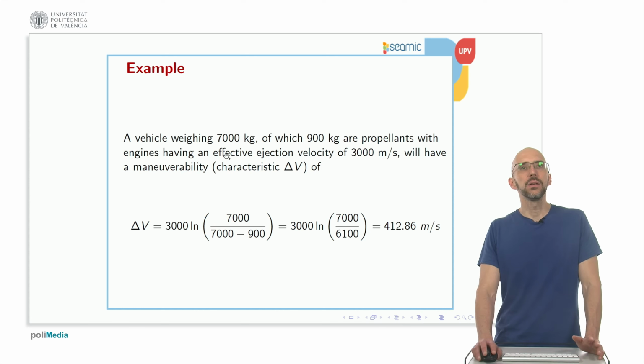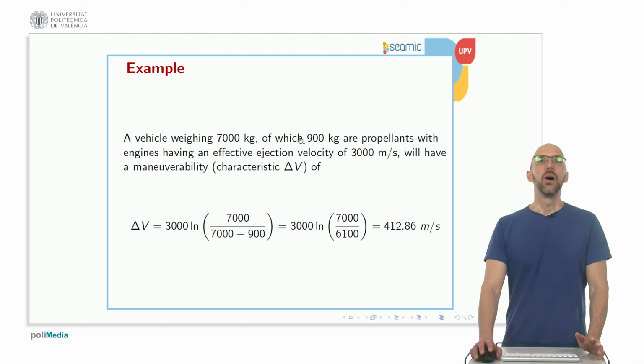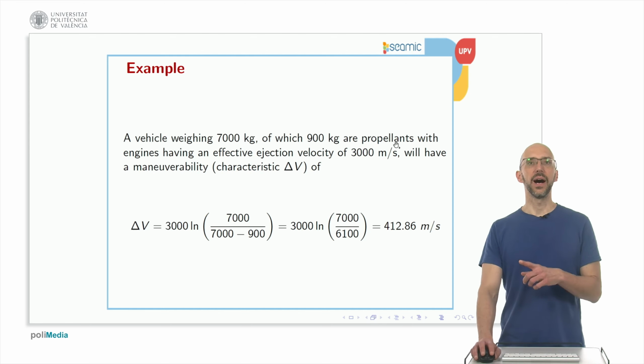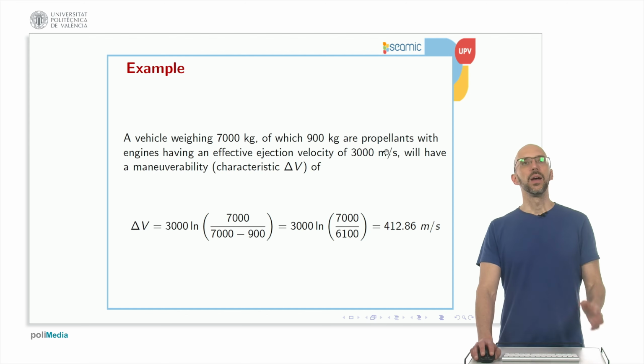Imagine that you have a vehicle with 7,000 kilos, of which 900 are propellant.